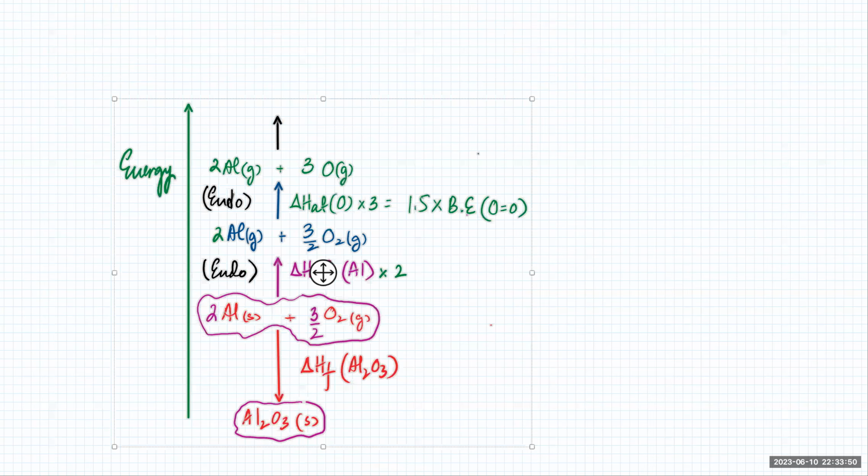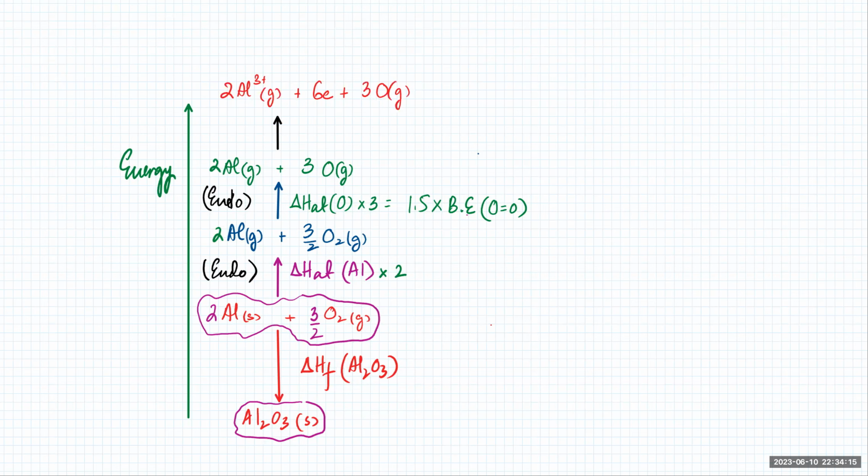As I said, aluminium needs to be ionized. So we're going to turn this aluminium into 2Al3+ gaseous ions. Basically, it has lost how many electrons? It's lost 6 electrons. The oxygen stays as it is, 3 oxygens, gaseous.